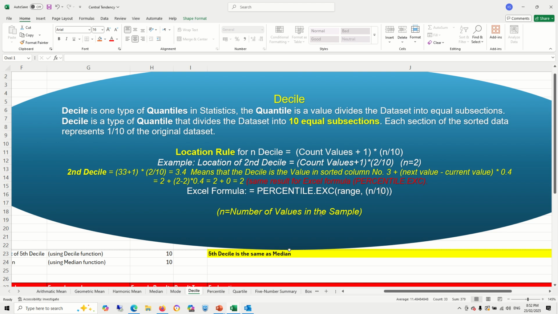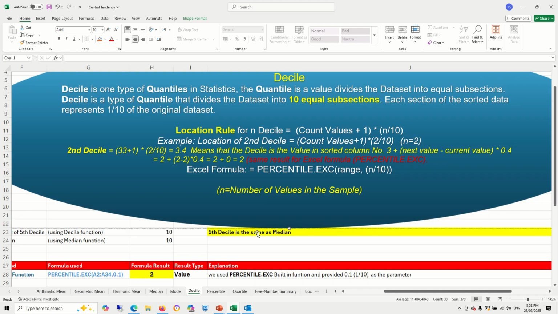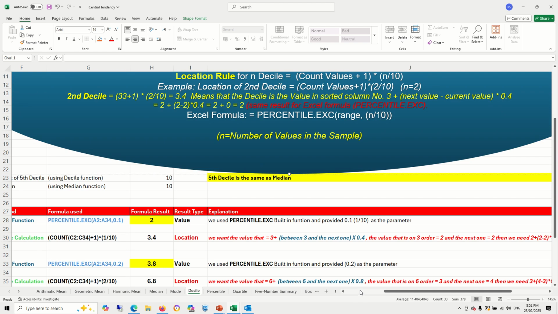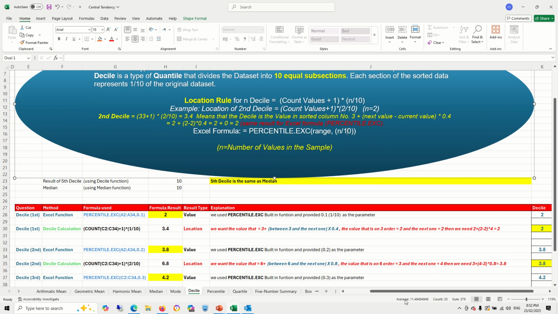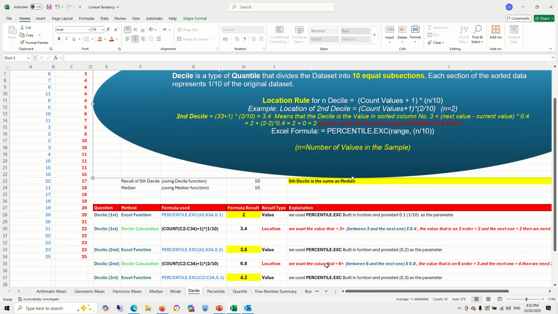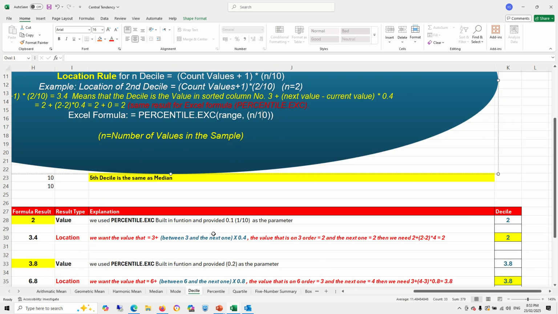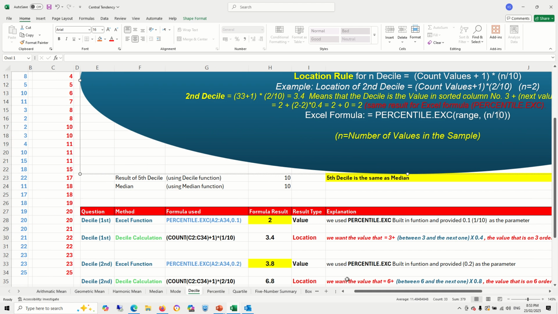If it is the second decile, it will be 0.2 means 2 divided by 10, and so on. It is important to note that the fifth decile is the same as median.